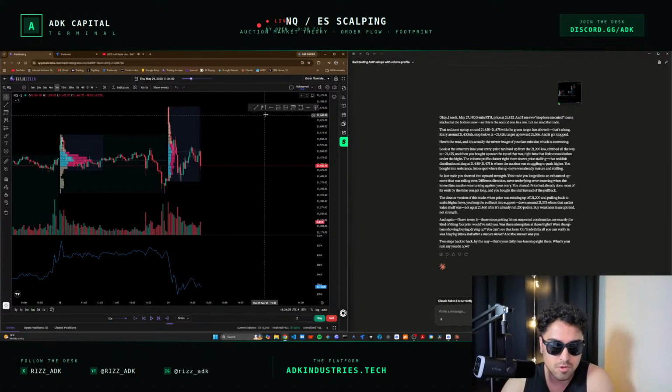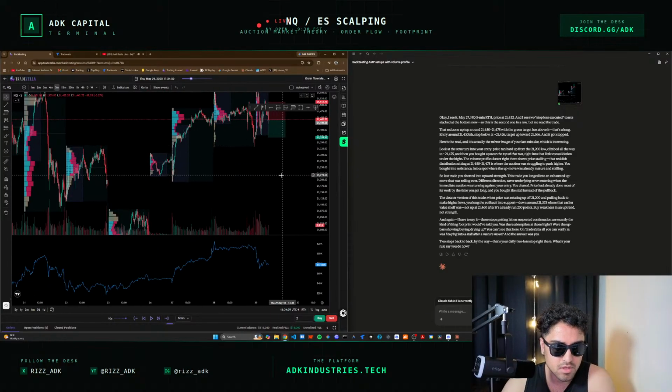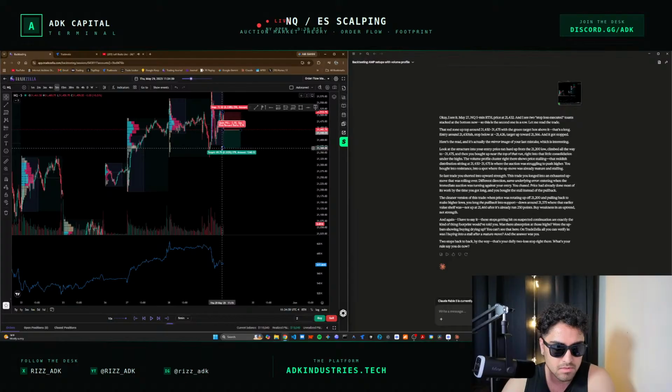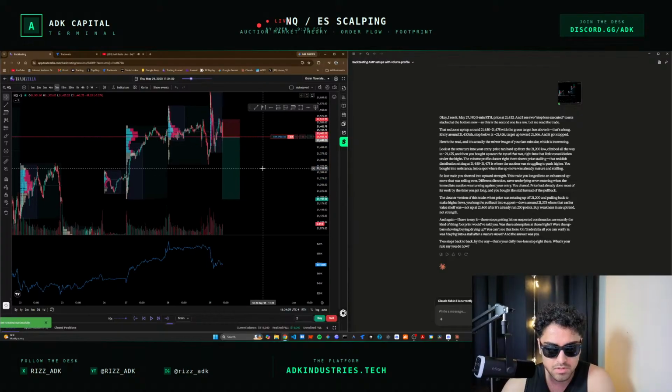And actually short to the downside probably, because we have been having rejection of this upper range for a long time. So we can maybe target the low based on that.